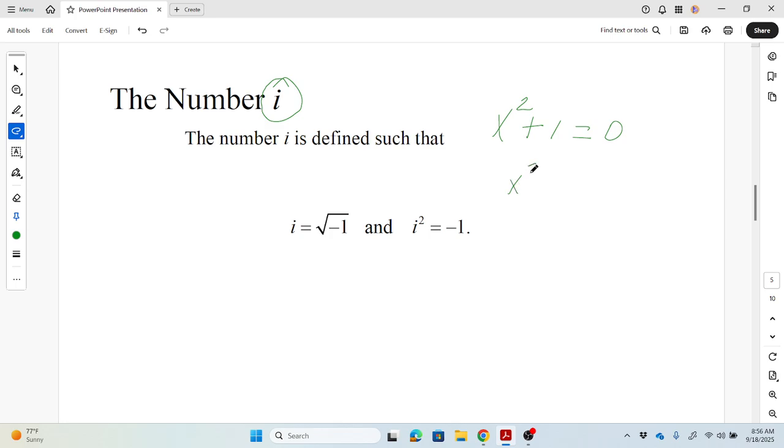If we try to solve this, you see that for the square of x there is a negative 1. So we don't know the solution for this equation in the real number system. That's why we create a notation i, and we say that the solution of this equation is possible if you have this system where the value of i is square root of negative 1, or i squared is negative 1. And this is an imaginary system. That's why it's called imaginary number.